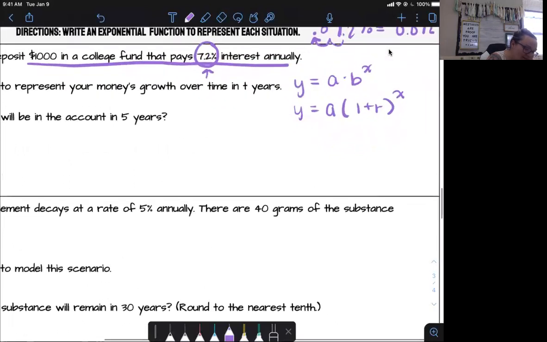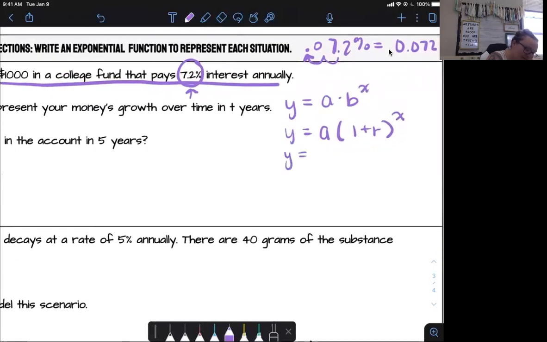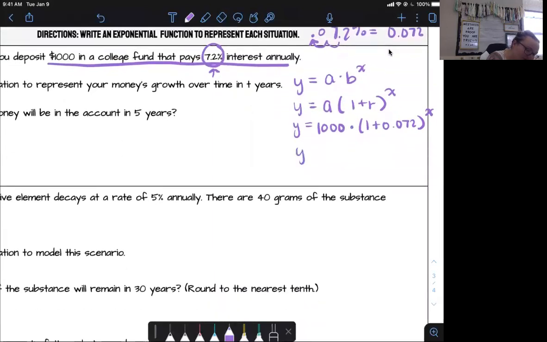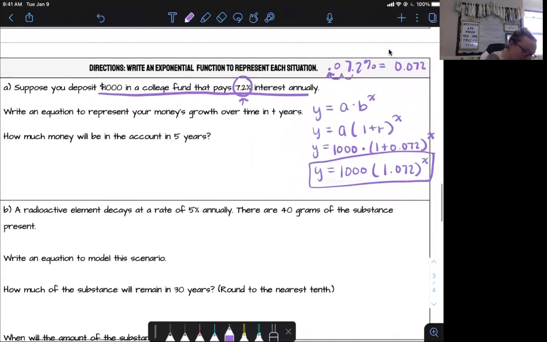So when we plug this into our equation, it's going to look like y is equal to our initial amount, 1,000, times 1 plus 0.072 to the x. So our equation is y is equal to 1,000 times 1.072 to the x. And that's the equation we're going to use to answer the next question.